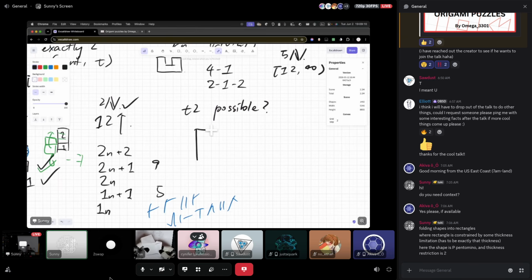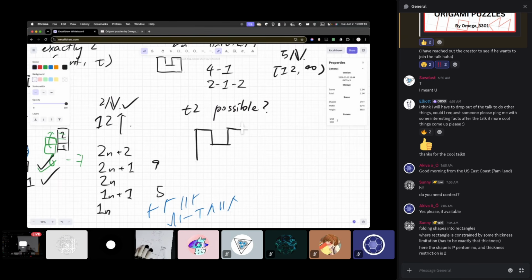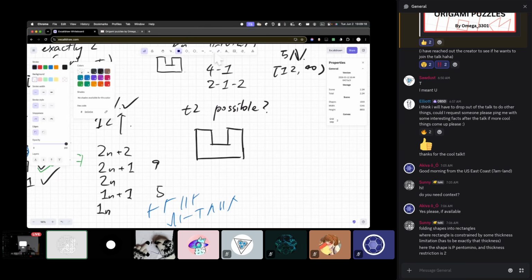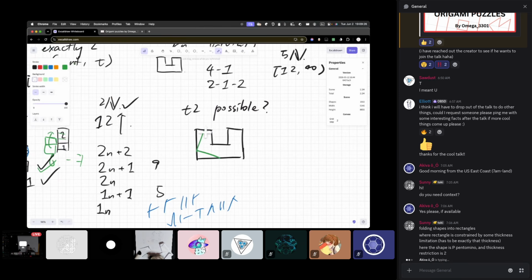If you have a U pentomino, then what you want to do is make these folds into here, such that you can see how the resulting rectangle, or here it's actually just a square, arises, and one way you can have it is to be here, so like this square.